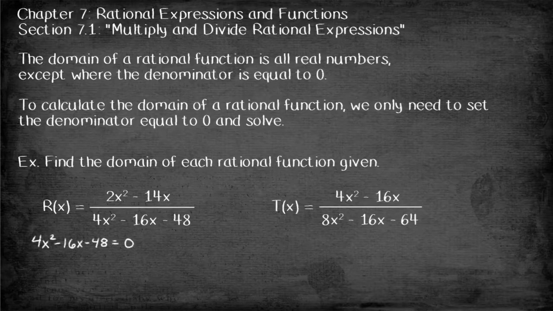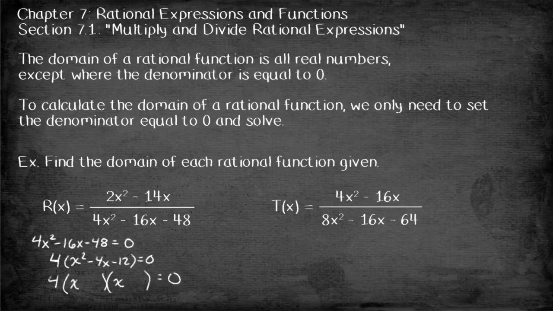I'm setting 4x squared minus 16x minus 48 equal to 0. I notice that I have a GCF of 4, so I can factor that out. And now I have to factor x squared minus 4x minus 12. Let's see, I know the signs are going to be different.